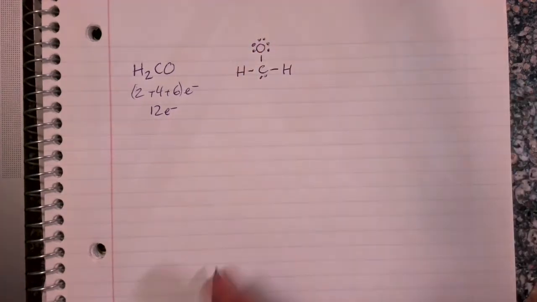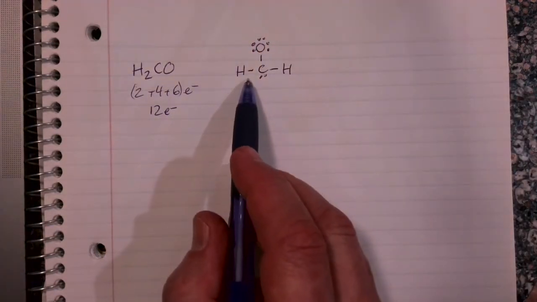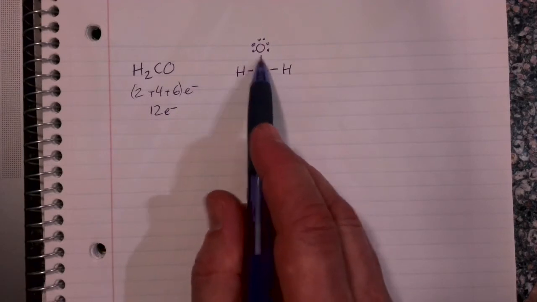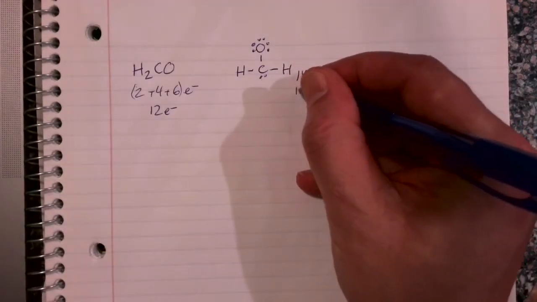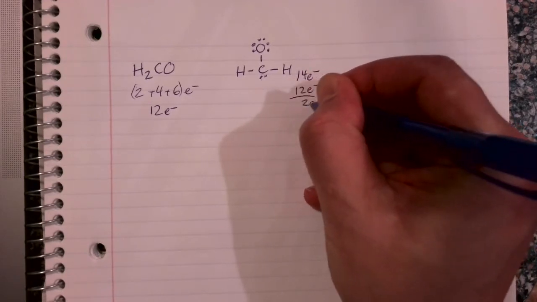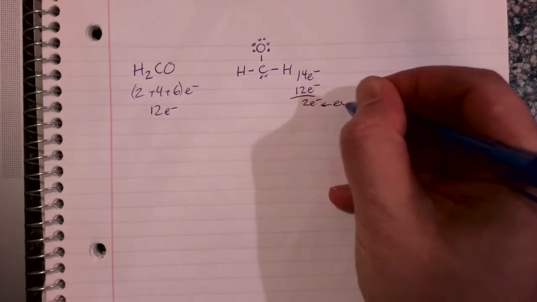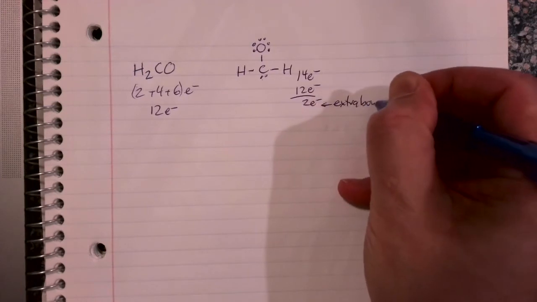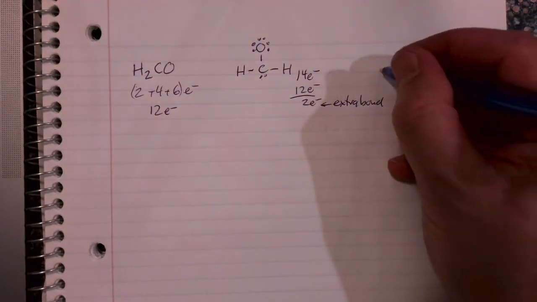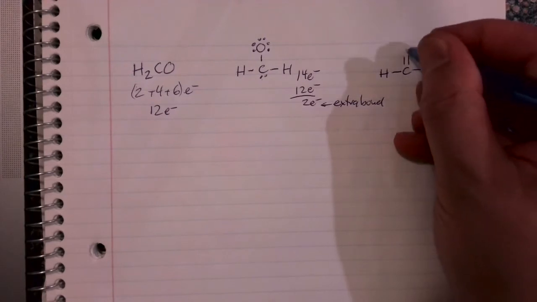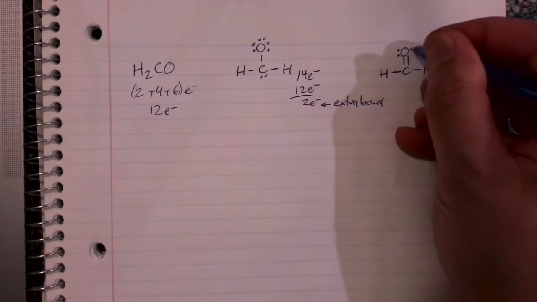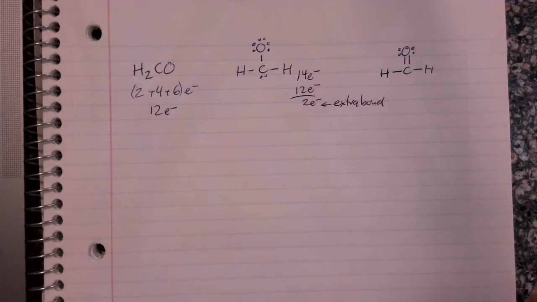We draw our skeleton like this, and we find that it has 2, 4, 6, 8, 10, 12, 14 electrons. But we only have 12, so we need an extra bond. And so we'll put that extra bond in, and we'll get this structure. Okay, so here's our Lewis structure.